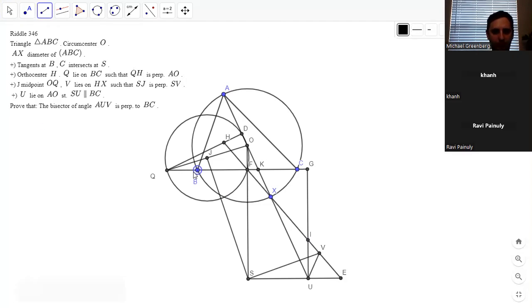I forgot to draw these. But obviously this is a harmonic bundle, SB, SF, SC, SE.